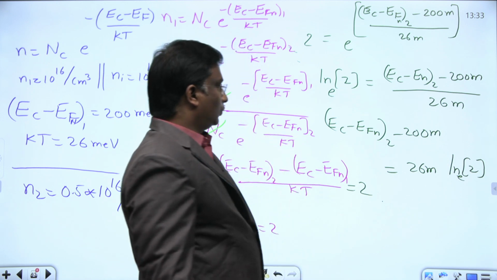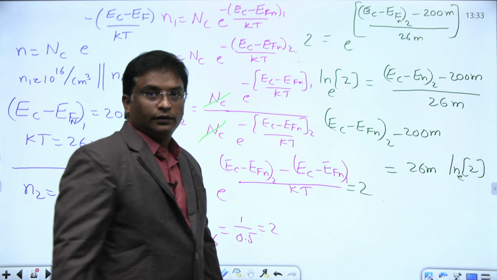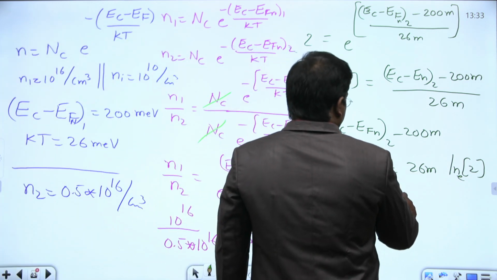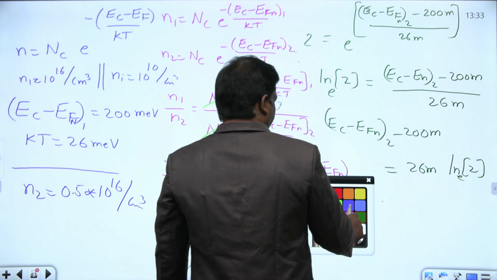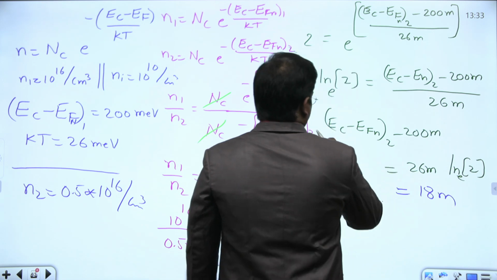What is the value of ln 2? Using the calculator, we get this value as 18 milli.